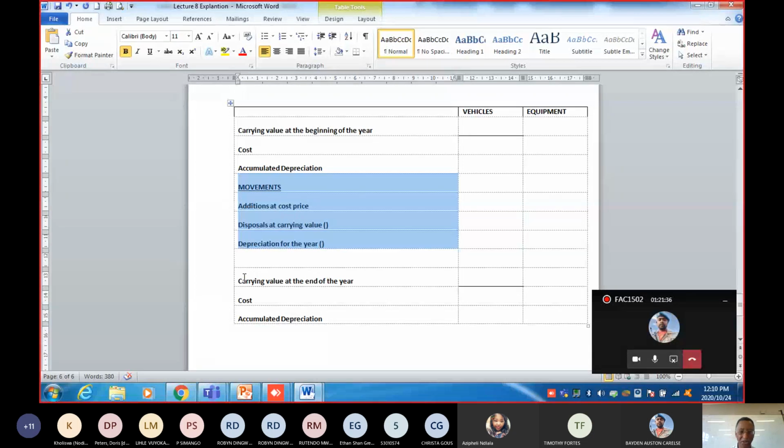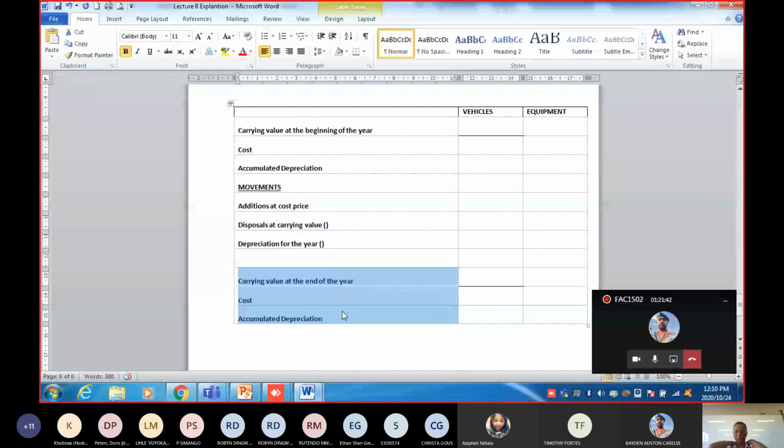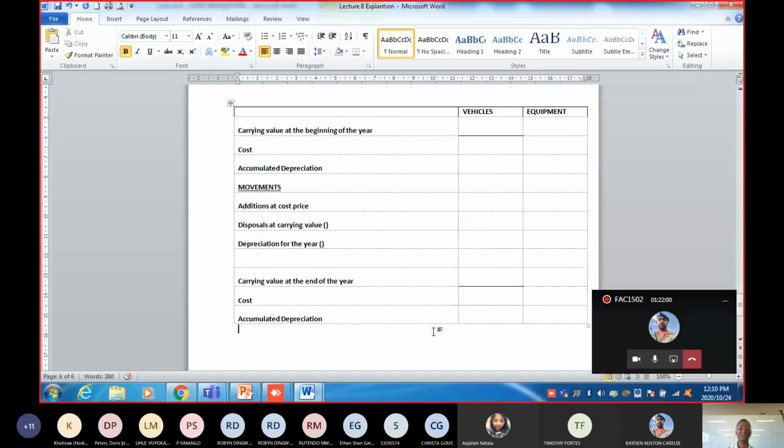And then, of course, you will have the situation in the books at the end of the year. You want to know what is carrying value at the end of the year, cost at the end of the year, and accumulated depreciation at the end of the year. So the note consists of beginning of the year, during the year, end of the year. Let us complete this note quickly. The cost price of your vehicles at the beginning of the year was 360,000 rand.